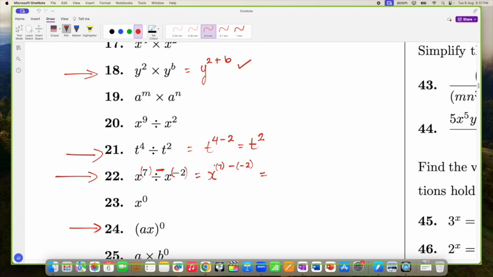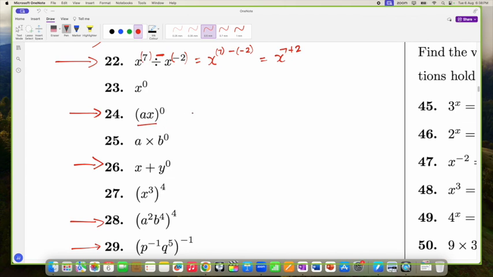So I hope nobody went 7 minus 2, because 7 minus 2 is actually 7 plus 2. And this is why the laws of indices, those other questions there are harder, not because of the laws of indices, but because they require you to know everything. Look, this is an example of us having to know directed numbers to be able to get this one.